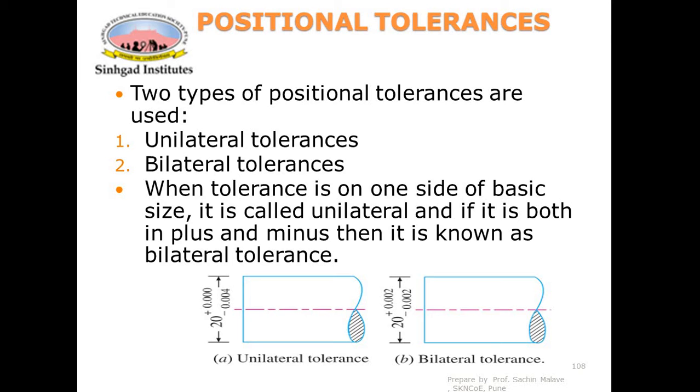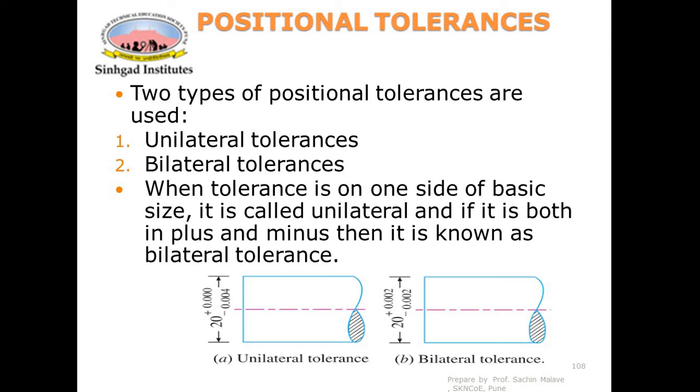Now as you can see, there are two types of tolerances, that is unilateral tolerance and bilateral tolerance. As you can see, there are two sketches, sketch A and sketch B. Sketch A shows the unilateral tolerance, sketch B shows the bilateral tolerance.